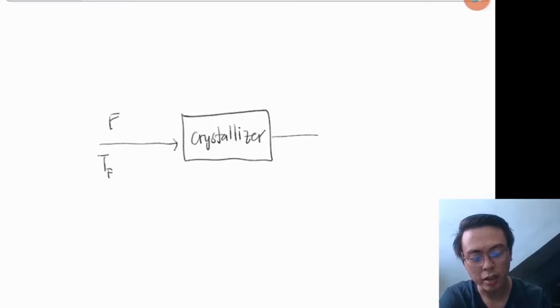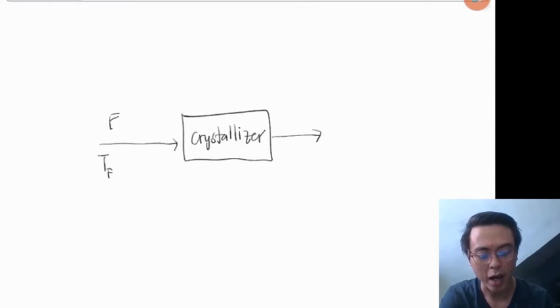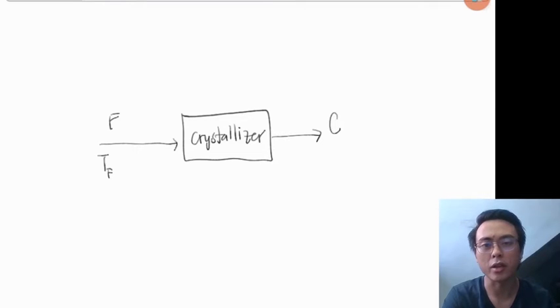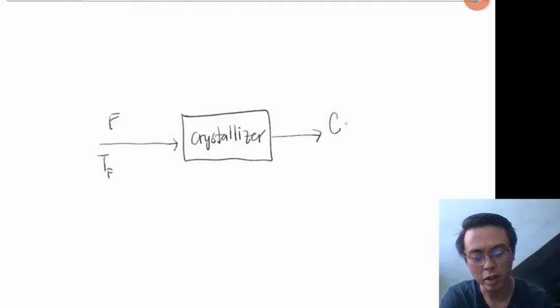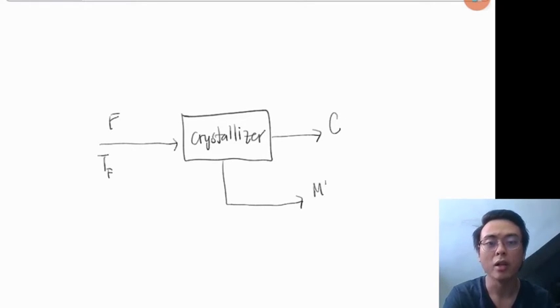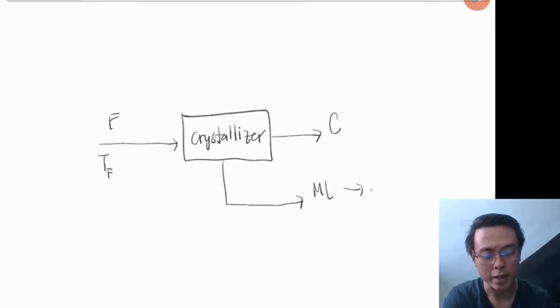And it then exits as a crystal. The crystal is the crystallized parts of your solution. And then you also have another output stream, which we shall call the ML, or the mother liquor. Now, some curious things about this mother liquor. The mother liquor is almost always a saturated solution.